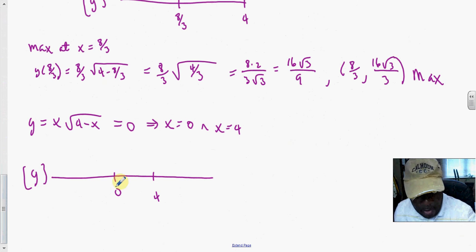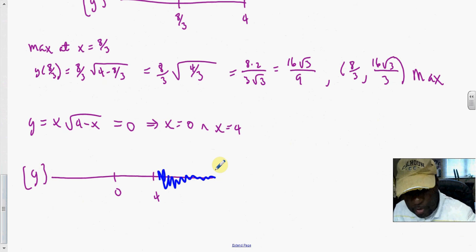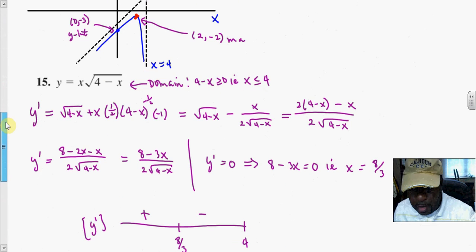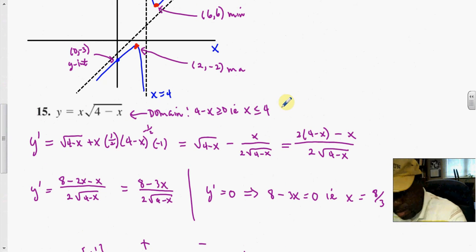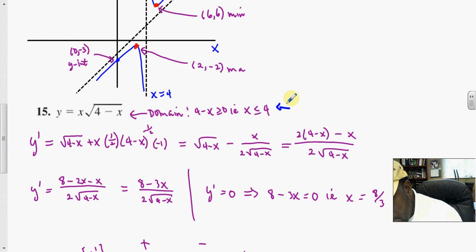So take a number, this part over here is not even allowed because of our domain, right? The domain is from negative infinity to 4.